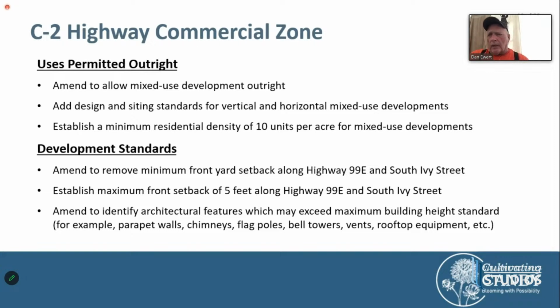So I don't quite understand why we wouldn't do it on a case-by-case basis, because we're going to have to work with the state anyway as far as setbacks are concerned. And then there's the whole safety issue. So bringing those buildings all the way to 5 feet from a highway does not seem to make a lot of sense to me.